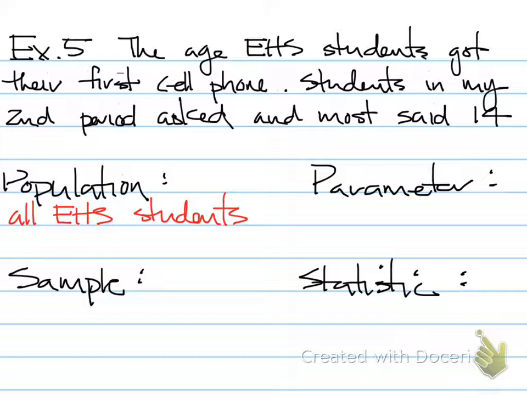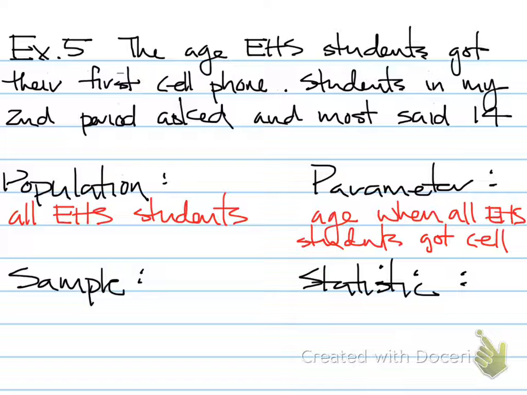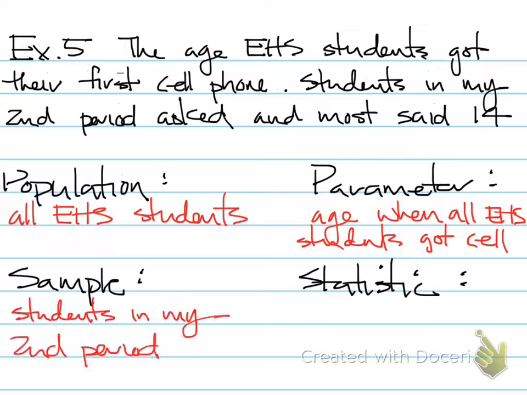Population would be all Etiwanda students, and the parameter would be the age when all Etiwanda students got their cell phone. The sample would be the students in my second period, and the statistic would be 14, since most of them said that they were 14 when they got their first phone.